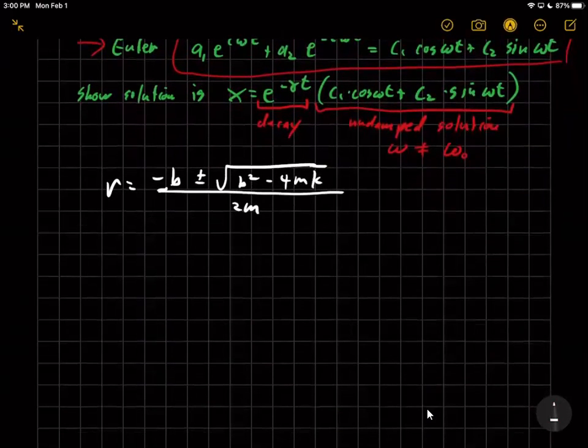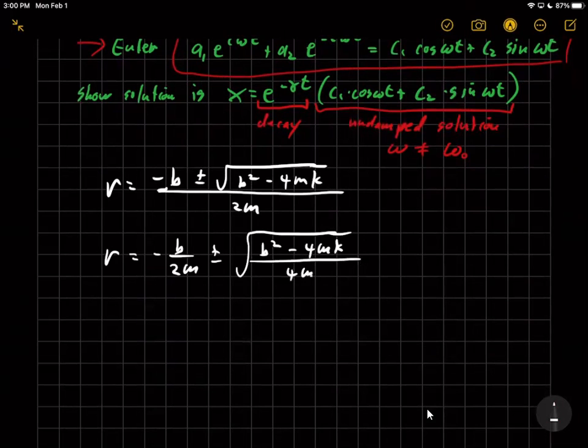Okay, so let me just go through those quickly. R equals, and we can write negative b over 2m plus or minus the square root of b squared minus 4mk all over 4m squared. So far this is just a replication of what we had in 2b.